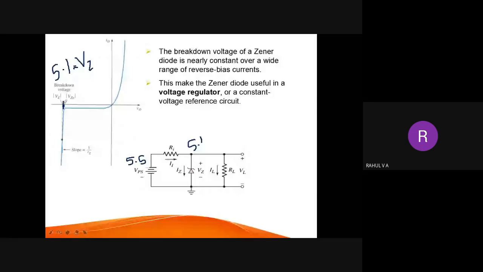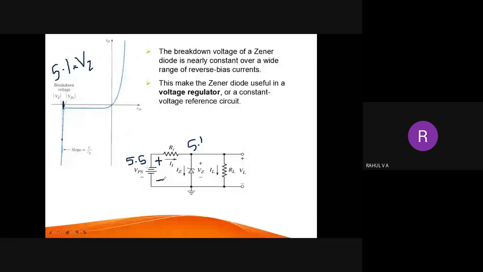Because it is a reverse voltage: positive here, negative here. With respect to negative you have 5.5 volt now. The positive terminal is connected to the N side of the Zener diode, and the negative terminal is connected to the P side, that is reverse biased. So it is a reverse voltage.